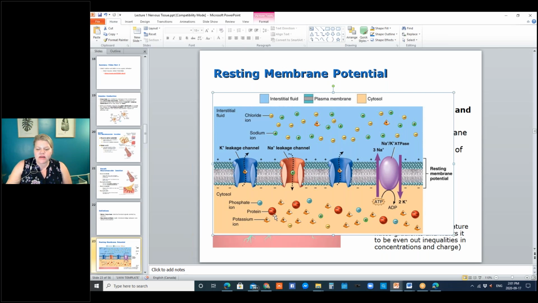Inside the cell, there are more negatively charged ions in the form of phosphate and protein. And on the interstitial side, the outside of the cell, there are more positively charged ions. And so this creates an electrochemical gradient.